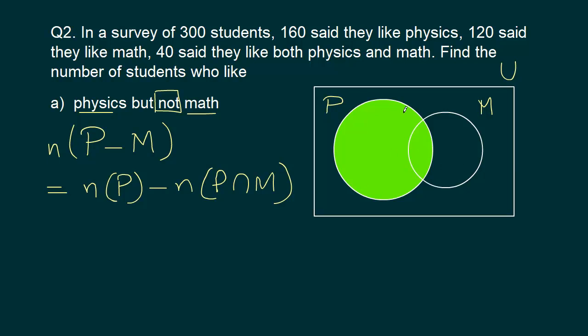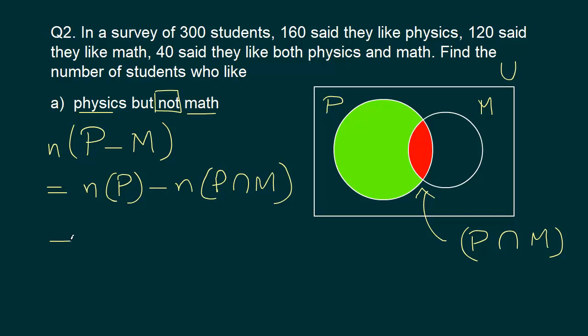So bright green represents students who like physics, right? And what does this represent? This represents P intersection M, meaning students who like both physics and math. So if you want to find only physics and no math, we take the bright green and subtract the red part, which is exactly what this is.